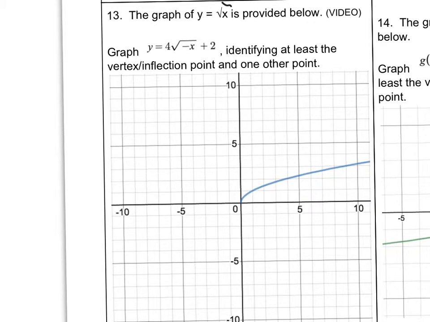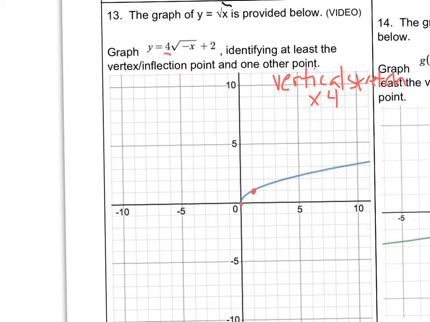I've got 3 transformations going on here. This is a vertical stretch with a height of 4, so I'm going to write that here. So vertical stretch times 4. Really what that's going to look like is when you go 1 over, instead of going 1 up, now we're going to go 4 up.